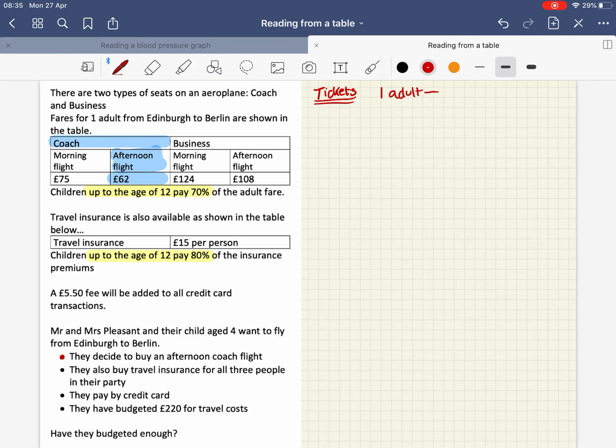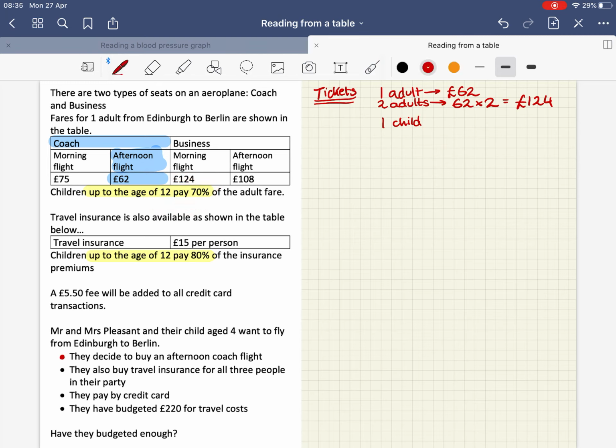Not one adult, it's one adult. And that's at £62. So then 2 adults. All I'm going to do is take that 62, times it by 2, which is going to be 124. And then 1 child, as we highlighted earlier, they only pay 70%.